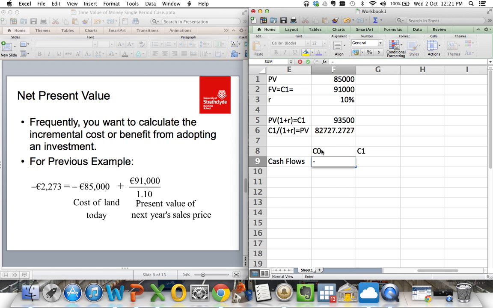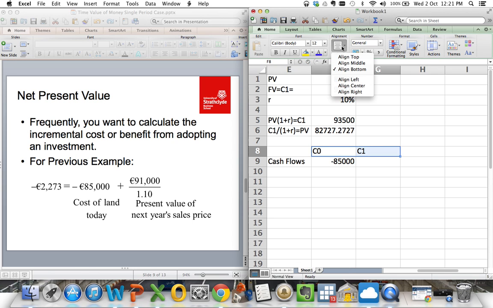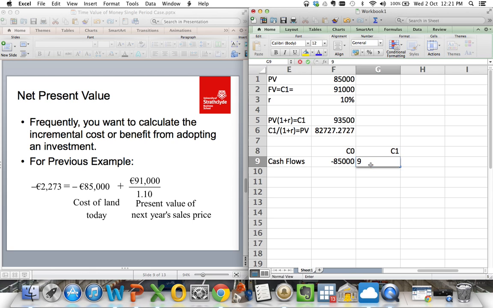So we are investing 85,000. Notice I've got a negative value for an outflow and a positive value for an inflow. What we're getting coming in is 91,000, and that's positive. So what are the present values of these cash flows?